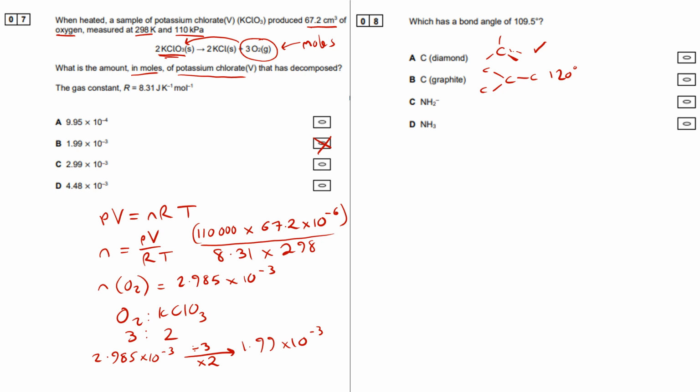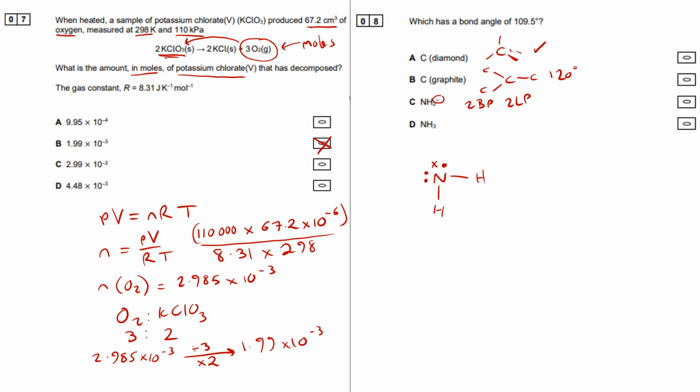NH2 minus, so nitrogen is in group 5, so it's going to have 2 bonds to hydrogen. It's going to have 2 lone pairs. I'm just going to draw that extra electron as a cross. It's got a negative charge. So NH2 minus has 2 bonding pairs, 2 lone pairs.